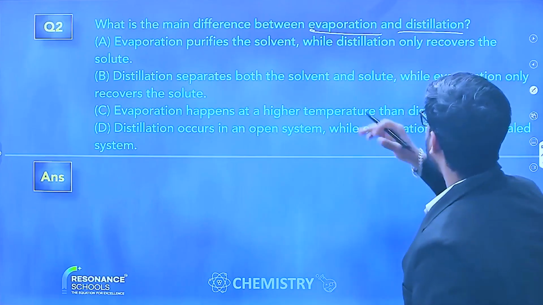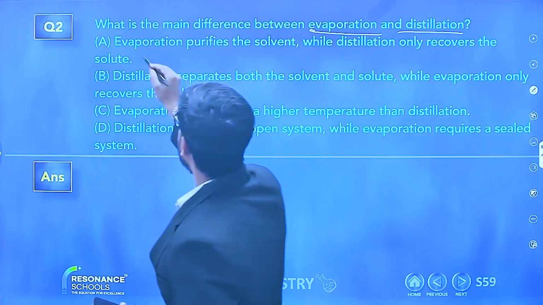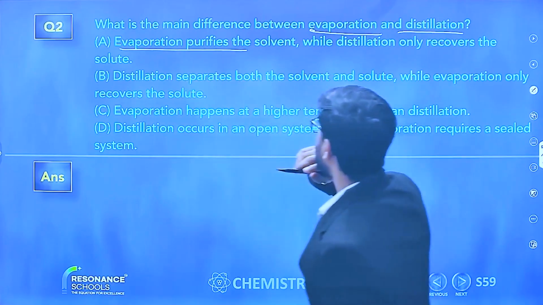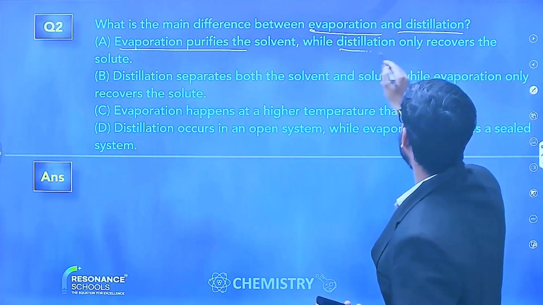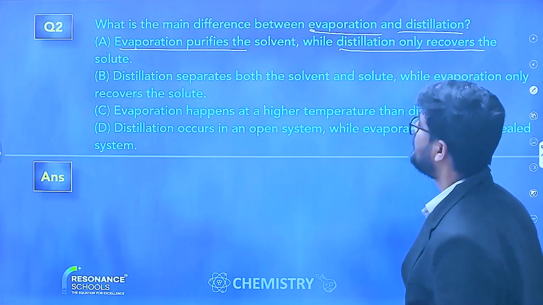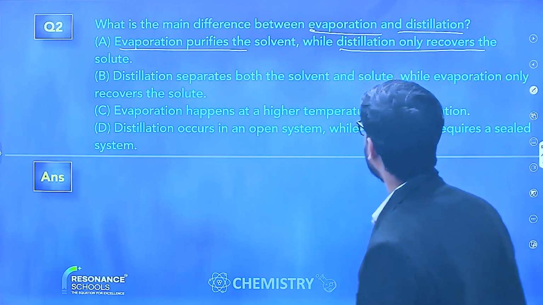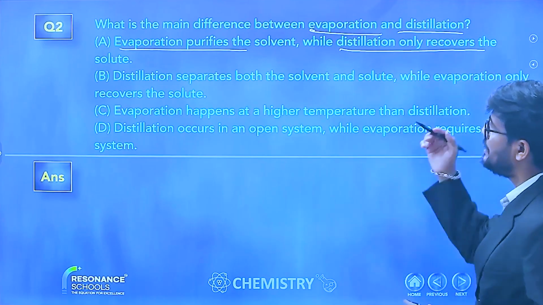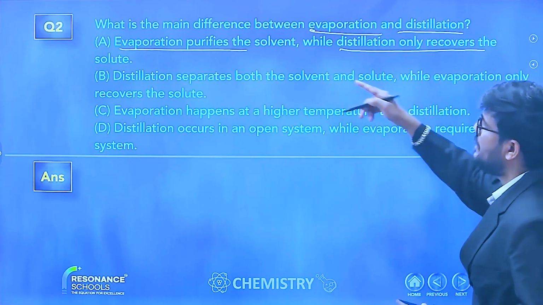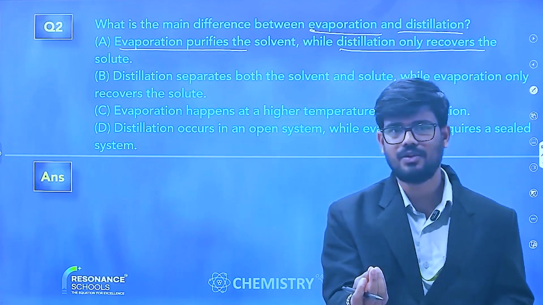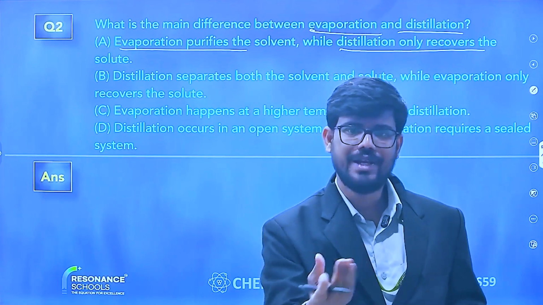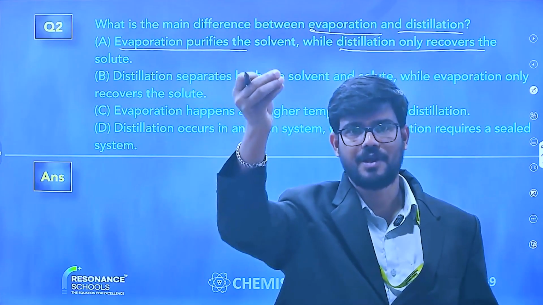Okay, so let's check the option. Evaporation purifies the solvent, while distillation only recovers the solute. They're asking differentiation. See, evaporation purifies the solvent. How? Evaporation means that liquid is becoming vapor, right?